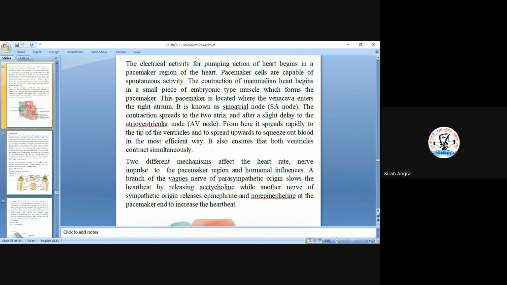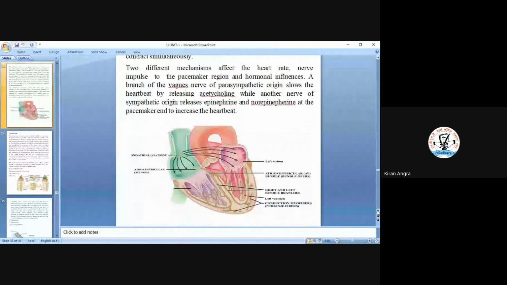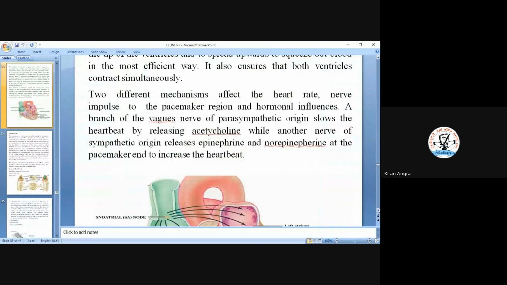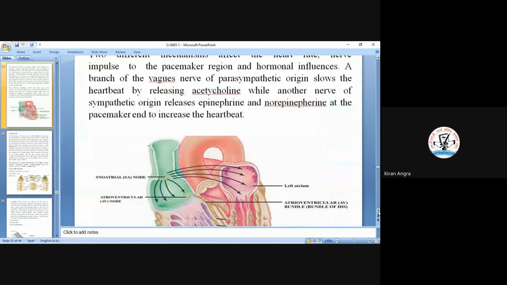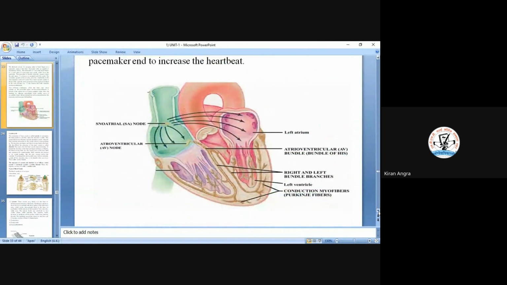They are located near the vena cava, which enters the right atrium. This is the sinoatrial node. Can you see in the diagram the sinoatrial node, the SA node? This is also called the pacemaker.